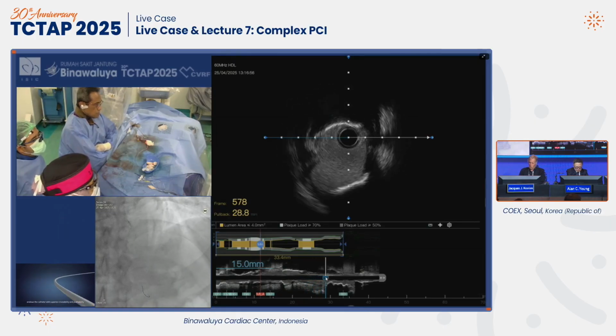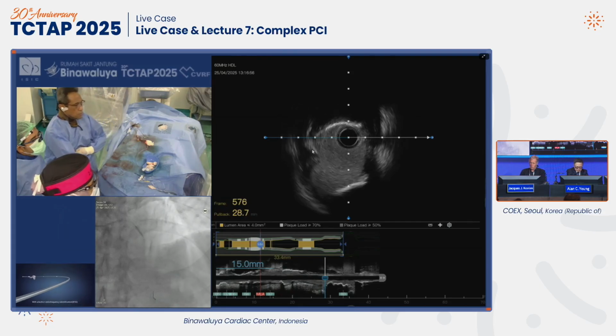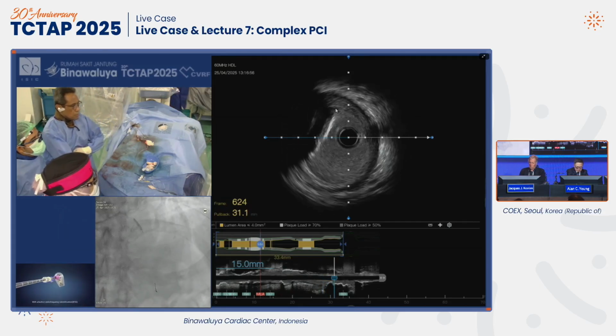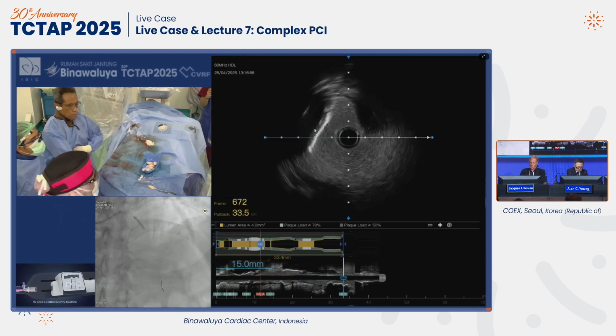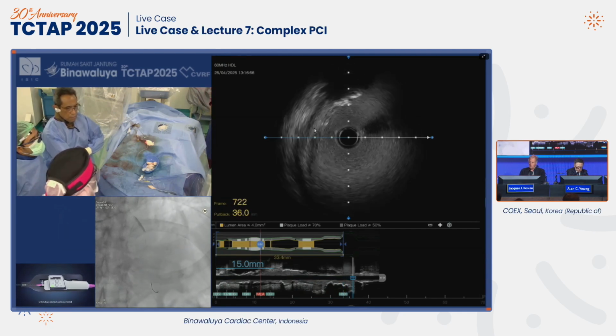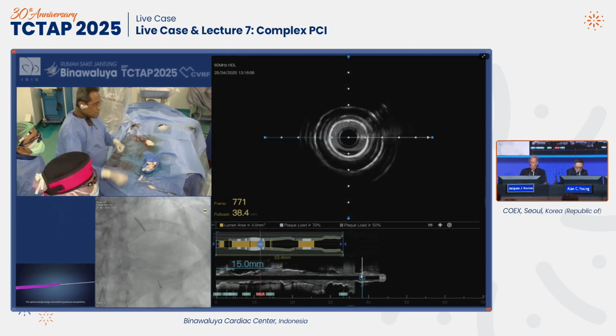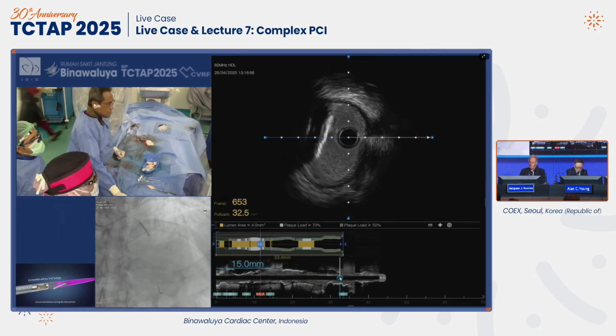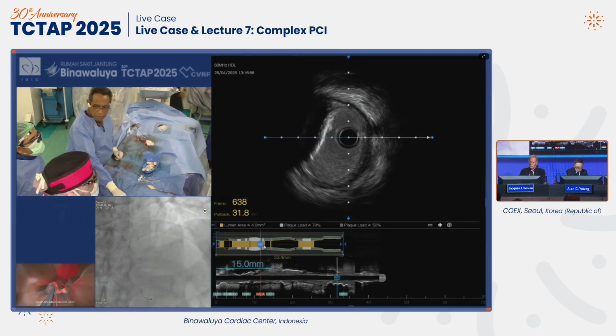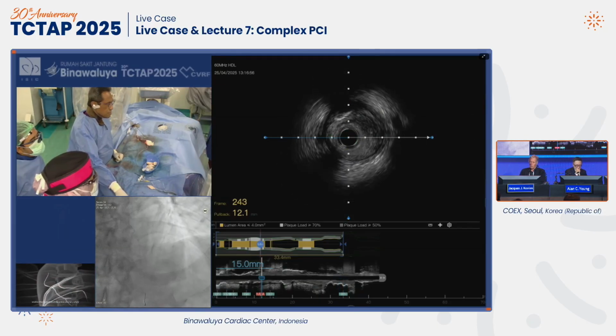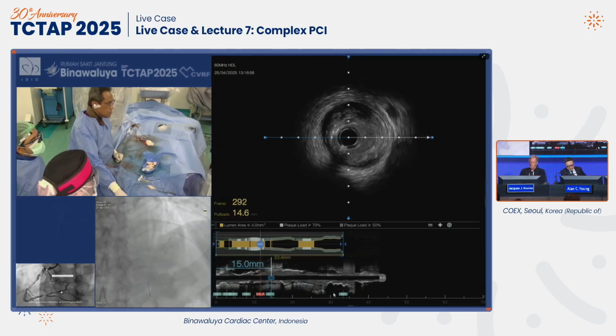So we choose 1.75 for this section. However, I think we do need a slightly bigger burr, but we still decided to do a cutting balloon, not to upsize the burr.